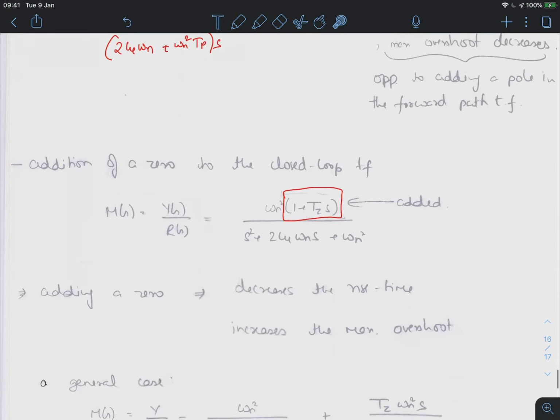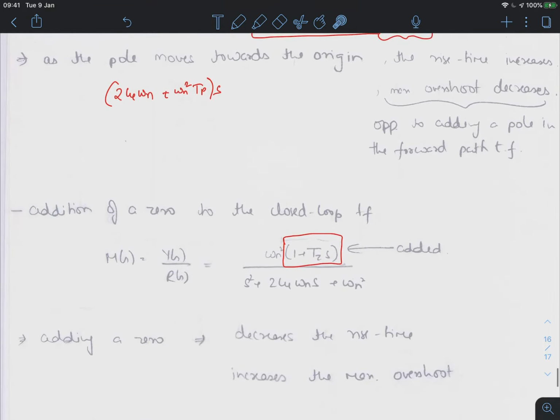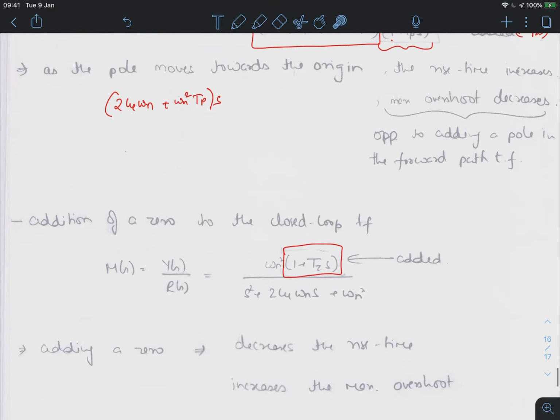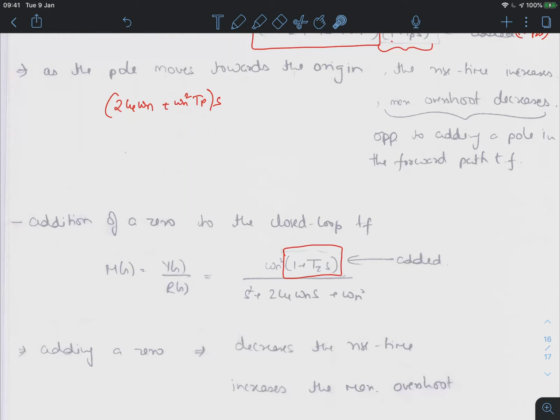So there is a trade-off between the addition of the 0 and the addition of the pole. If I only add the pole, the rise time increases. But if I only add the 0, the rise time decreases and the maximum overshoot increases. So there is a trade-off in both transient performance parameters, rise time and maximum overshoot.